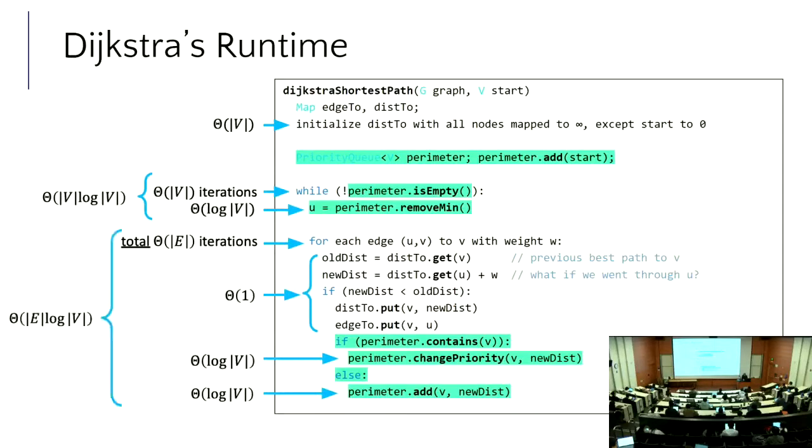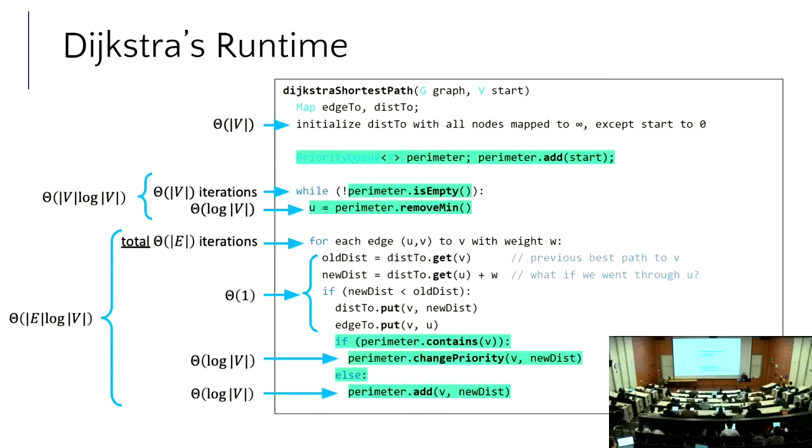This is the runtime of all of this. I used to spend a huge amount of time proving to you that this is the runtime, but here's what I'll tell you for Dijkstra's. The runtime is E log V. Essentially, you're going to touch every single edge, and for every edge, you're going to make some sort of decision about the pathways through it, so you get that log V runtime.